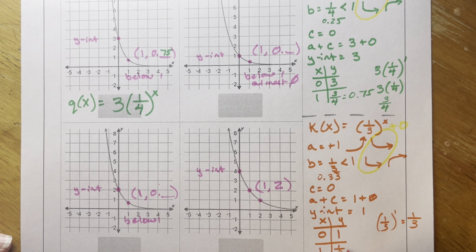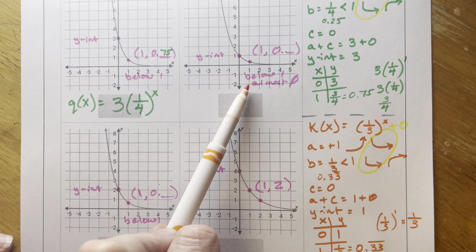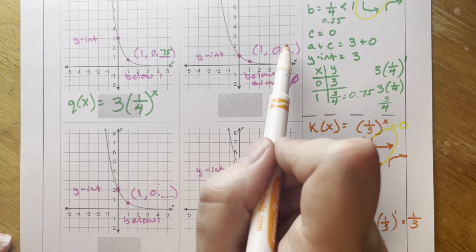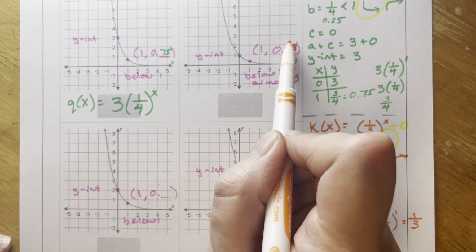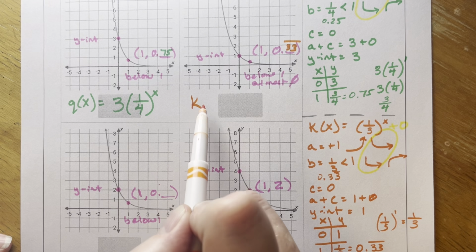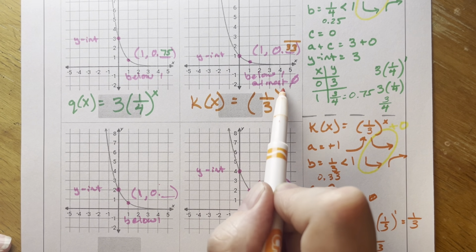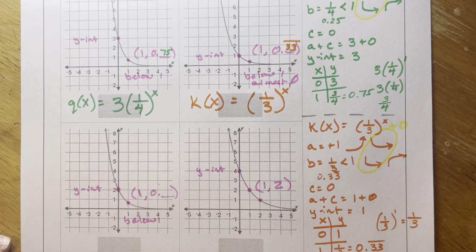And we know that 1/3 written as a decimal is approximately 0.33, where the 3's repeat. And that is very below 1, almost 0. So that's in agreement with what we thought at the beginning. So that's really nice. And we see that our second graph will be k of x is equal to the quantity 1/3 to the x power.